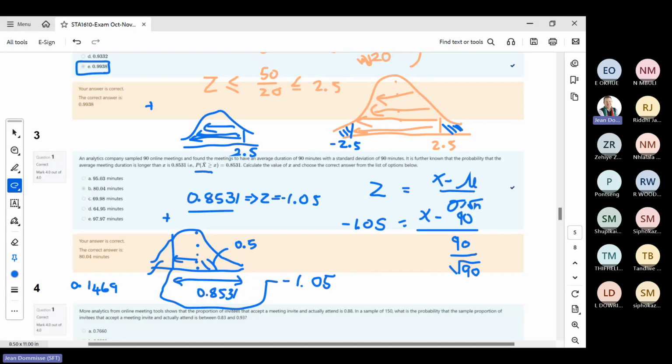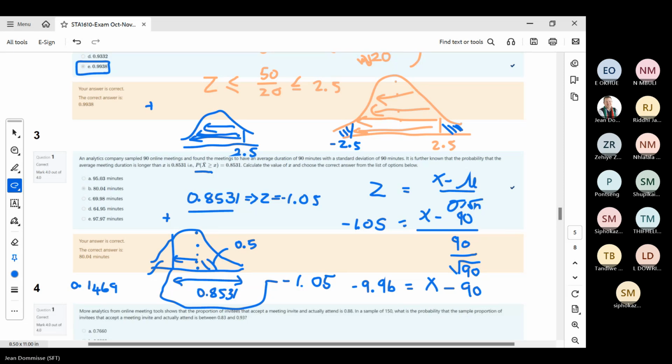If I multiply it by minus 1.05, I get minus 9.96, which is equal to X minus 90.